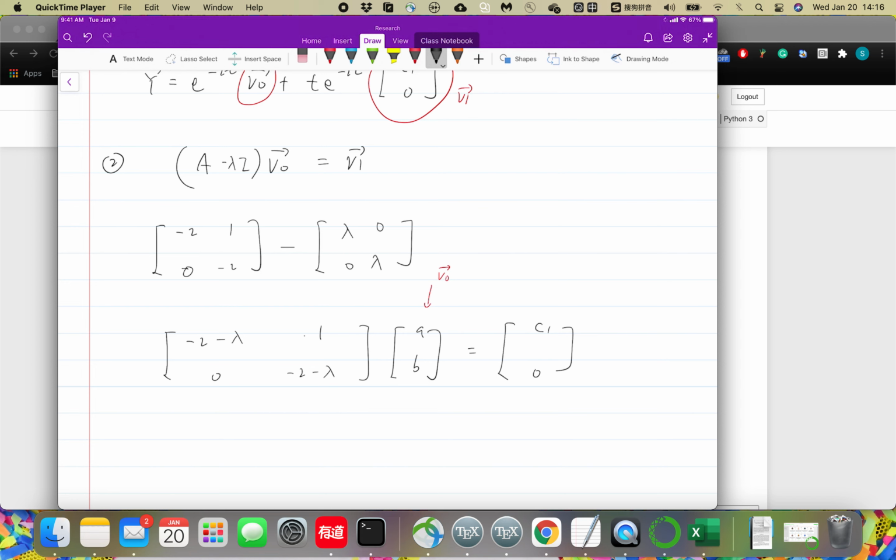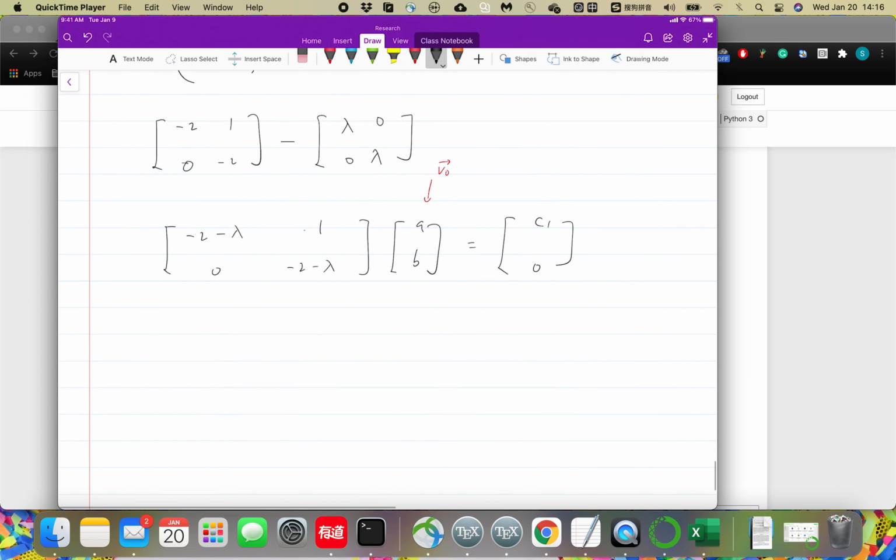That's why we say, this time you cannot write V0 and V1 out with a C1, C2 outside, because they are kind of related. But what we have here is lambda is of course -2. So you have 0, 0, 1, 0 times A, B equals C1, 0.